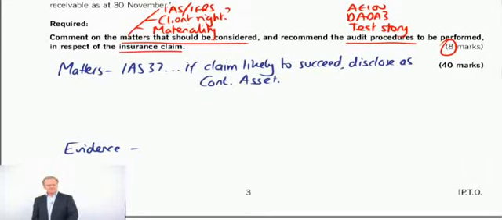In fact, 2 pieces of evidence. Because if it says, in respect of the insurance claim, one thing I surely will want to do is take a look at the insurance claim to prove they have claimed.